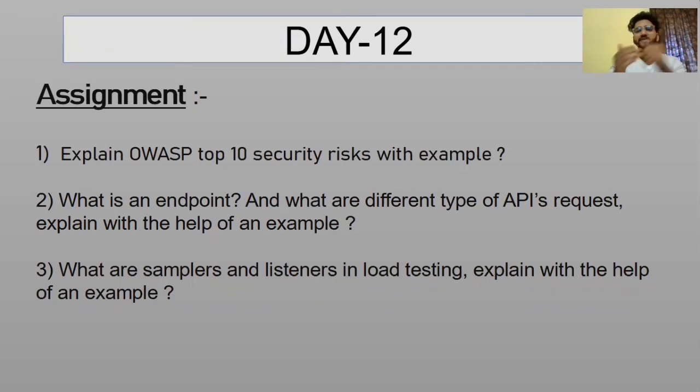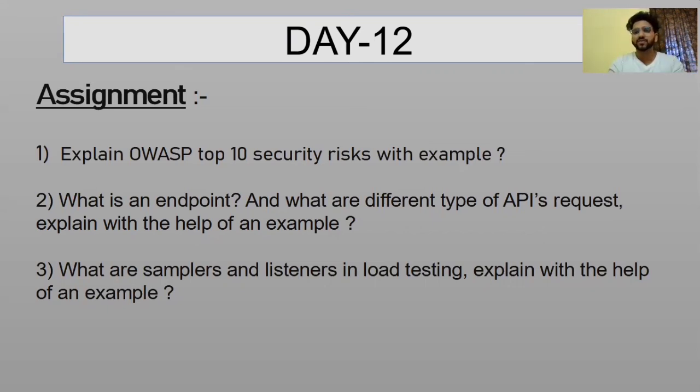Then we will be creating a sampler. Sampler means it allows JMeter to send a particular request, say for example an HTTP request or Java request. That request will be sent by the samplers. And the listeners show how the result is presented when the sampler is executed.